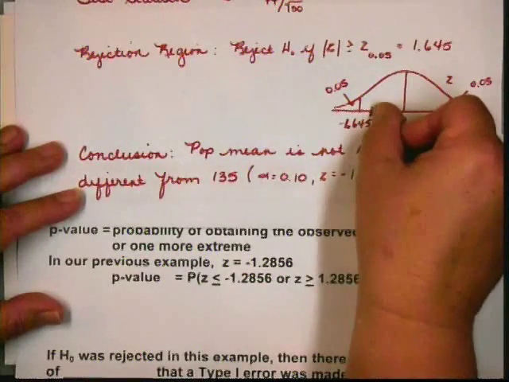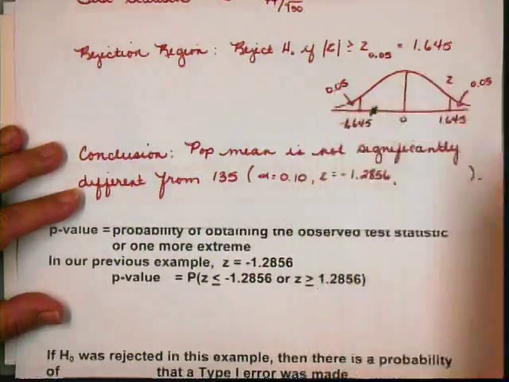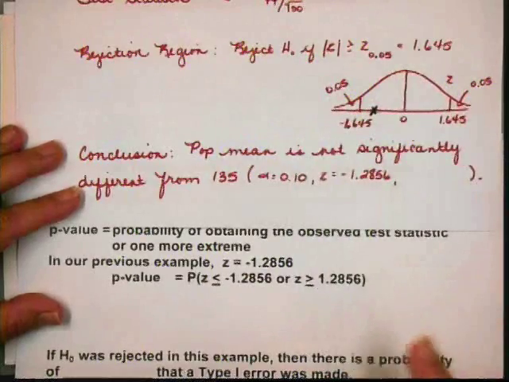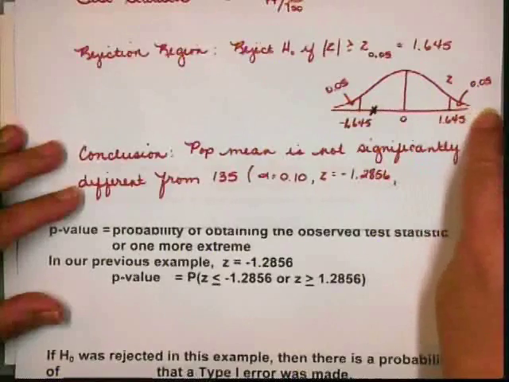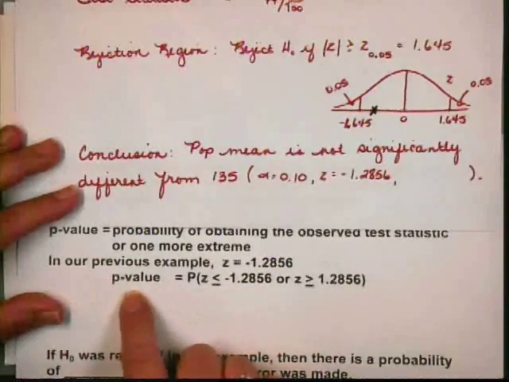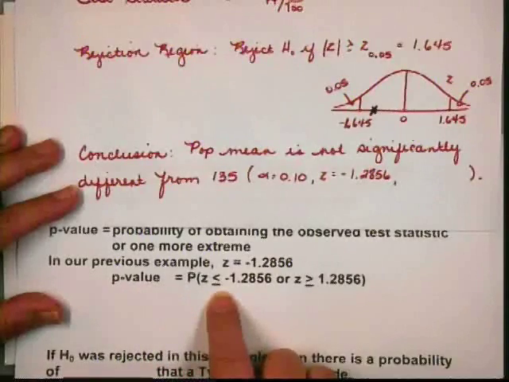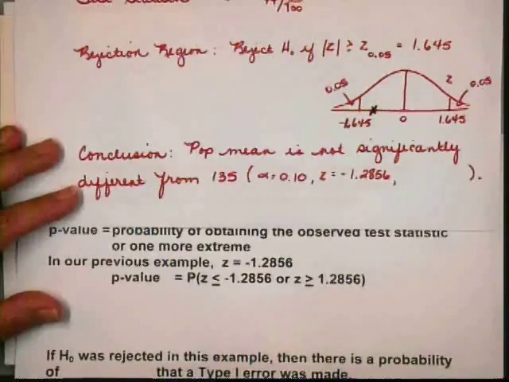More extreme than negative 1.2856 would be the area from here over. Or the mirror image of it on this side, positive 1.28, and to the right. So here, our p-value is the probability that Z is small or Z is large, where small and large are determined by 1.2856.